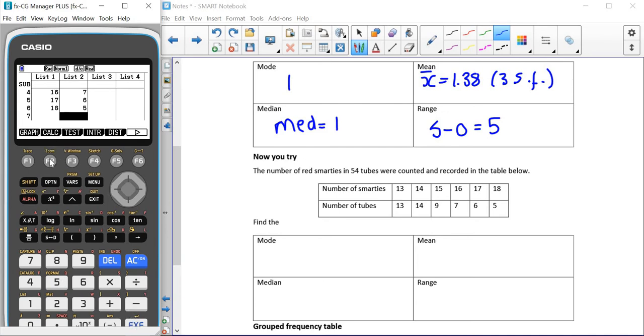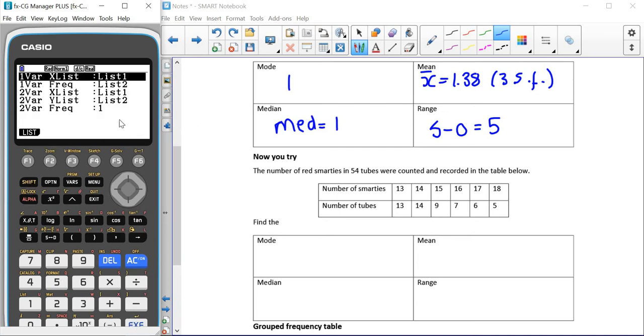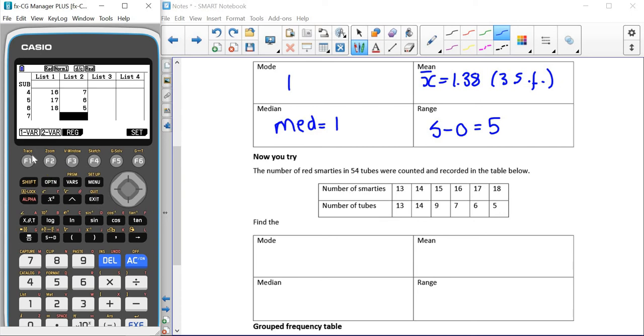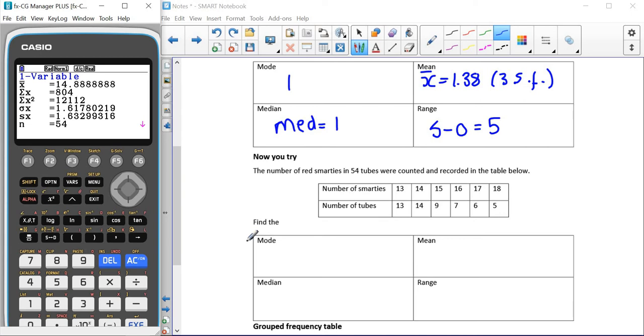And then we need to go into Calc. Check that your set says List 1, List 2. And then we still only have one variable, which is the number of Smarties. So this gives us a mean of 14.9. Remember, a minimum of 3 significant figures.